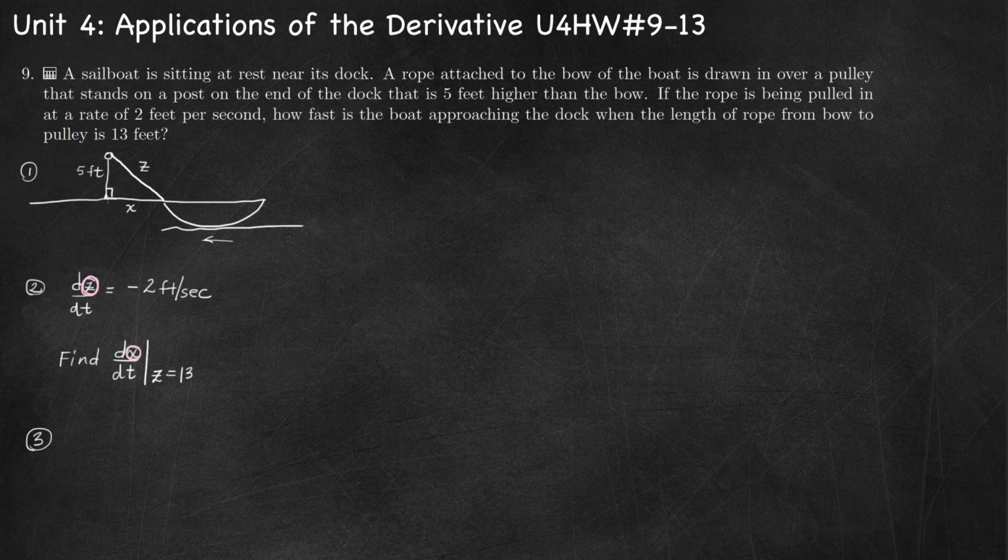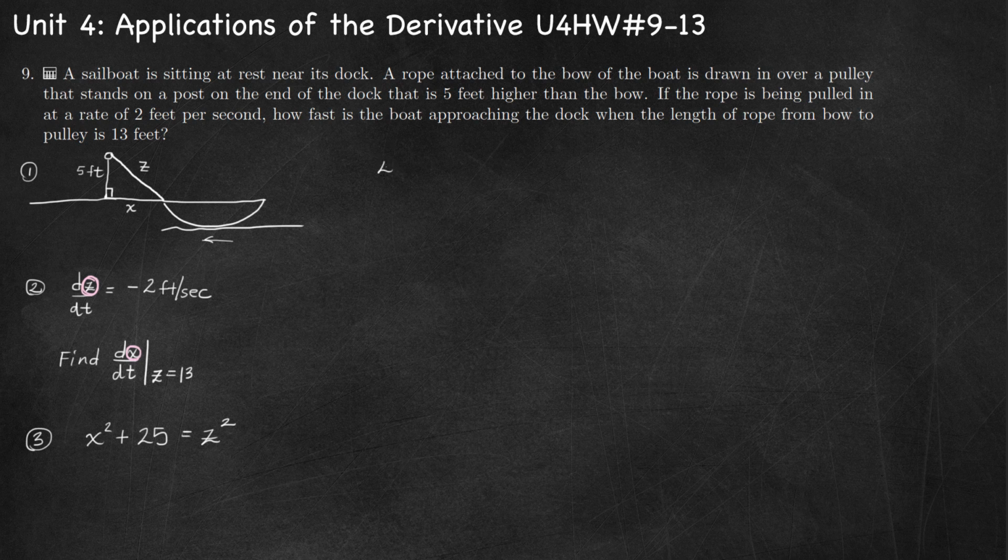Well, we do have a right triangle. x is a leg, z is the hypotenuse, and we know the other leg is a constant value of 5. So we can use the Pythagorean theorem to write an equation: x squared plus 5 squared equals z squared. Leg squared plus leg squared equals hypotenuse squared in a right triangle. So here's our equation that relates x and z.